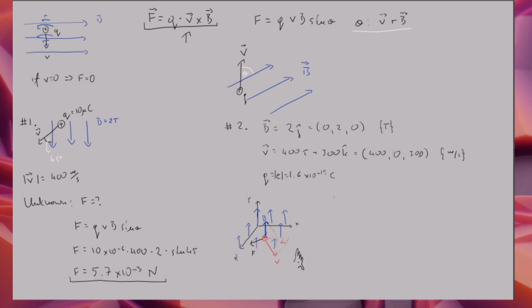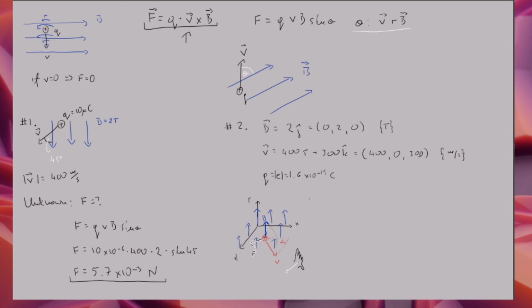So now let's actually calculate the force. Let's maybe draw this thing in white, because I tend to do that. Here's force F. It should be in this direction here, coming out of the palm of your hand. So let's calculate this force.